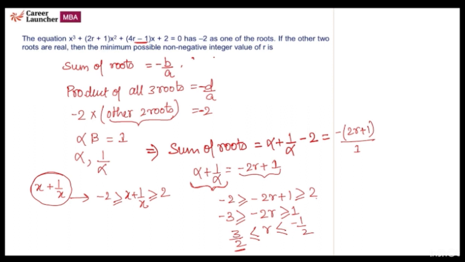So for non-negative, we have r greater than or equal to 3 by 2, which is 1.5. So the next integer value of r will be 2. So the minimum possible non-negative integer value of r will be 2.